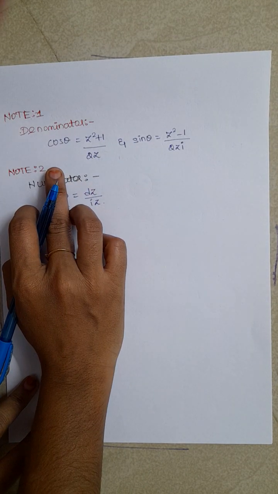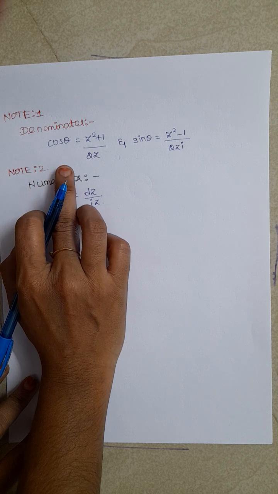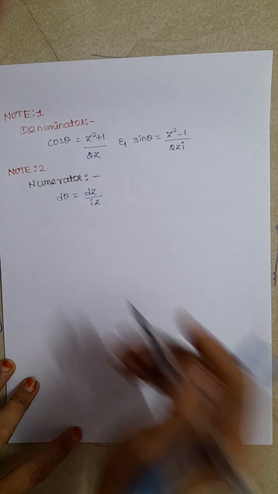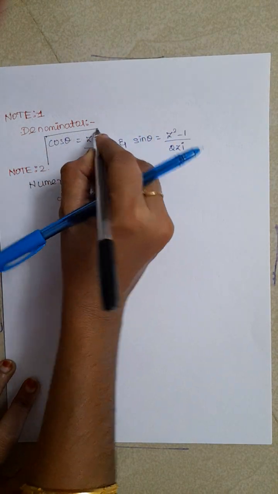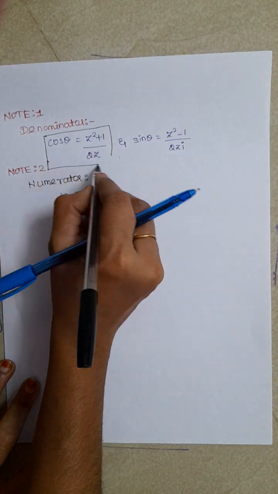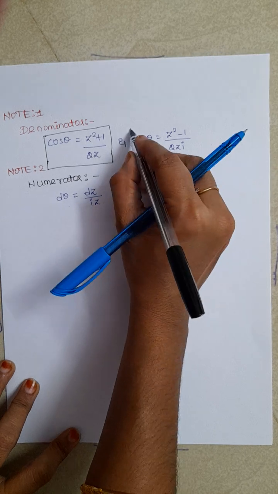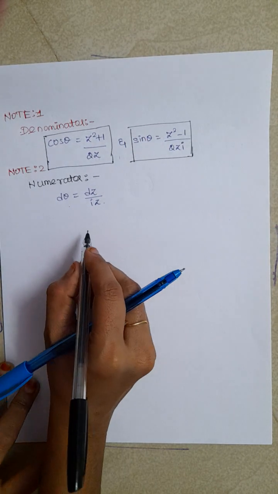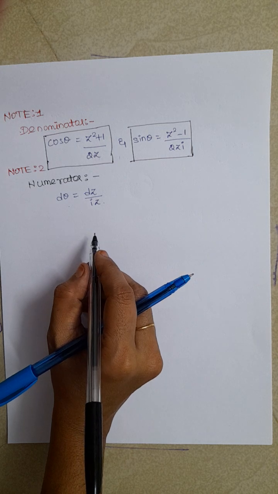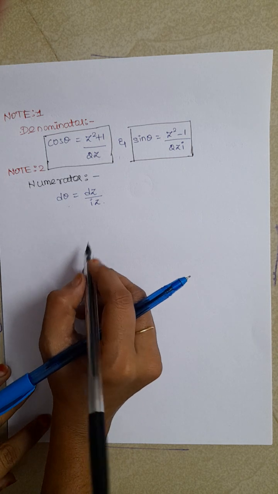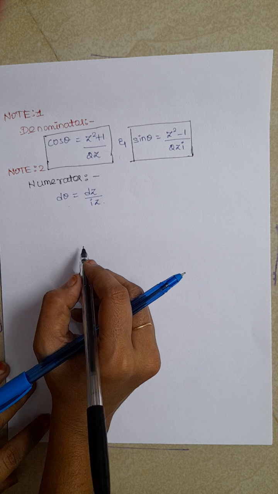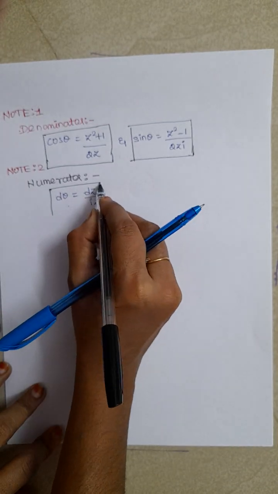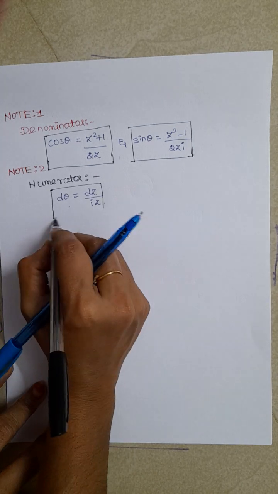I am telling you, first, if the denominator value is cos theta, you can convert it to z square plus 1 divided by 2z. Suppose the denominator value is sin theta, you can convert it to z square minus 1 divided by 2zi. So next, if the numerator value is d theta, you can convert it to dz by iz.